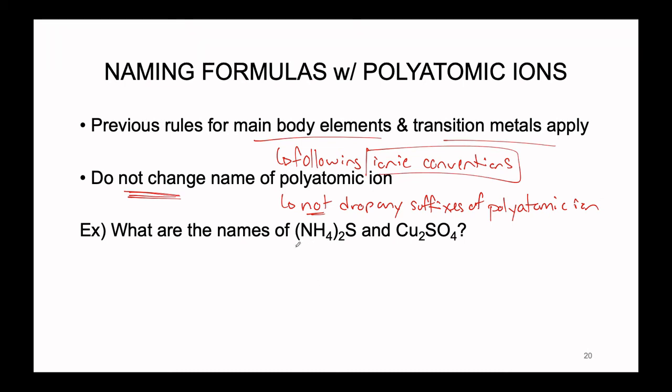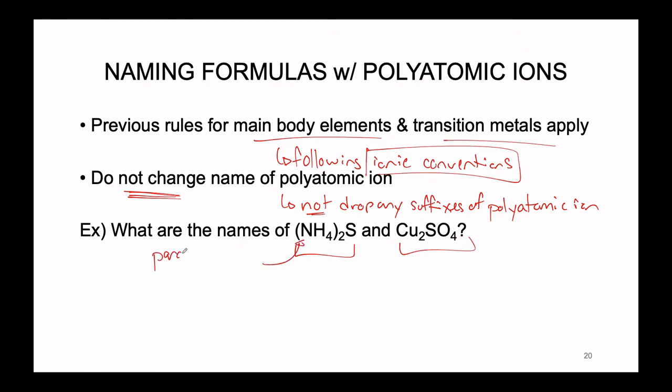So let's observe these 2 chemical formulas and name them using the previous ionic conventions. If we are working with something that looks like, and we can see there's some parentheses here, (NH4) with a subscript of 2, capital S, well, parentheses are a huge red flag.